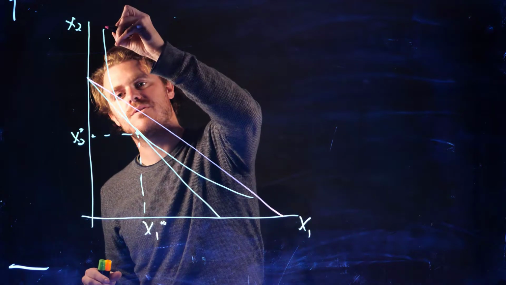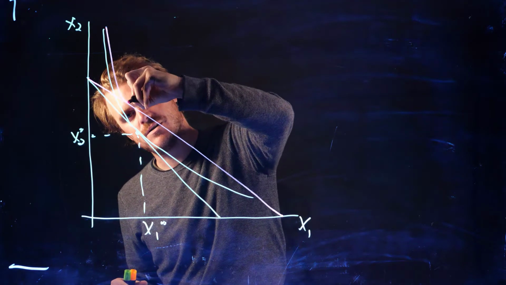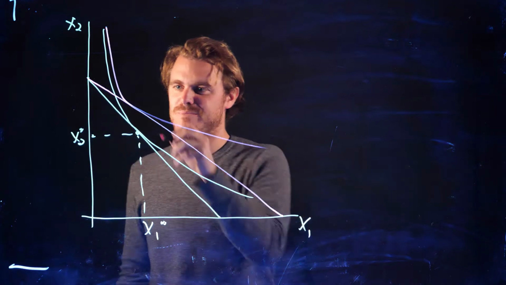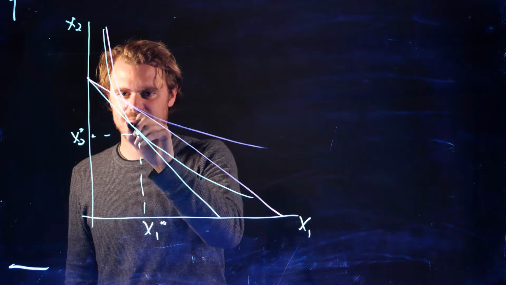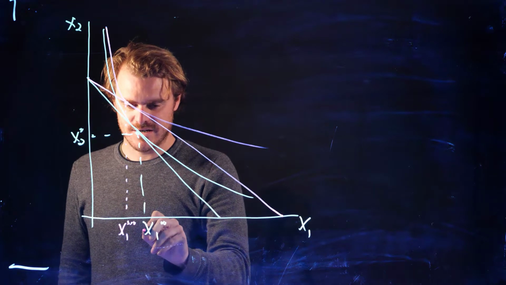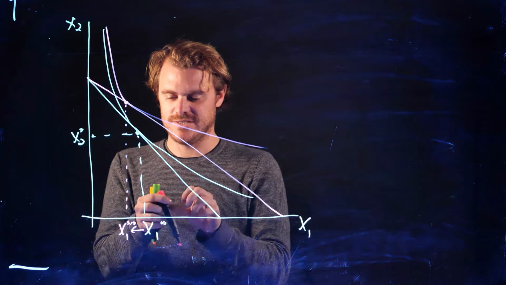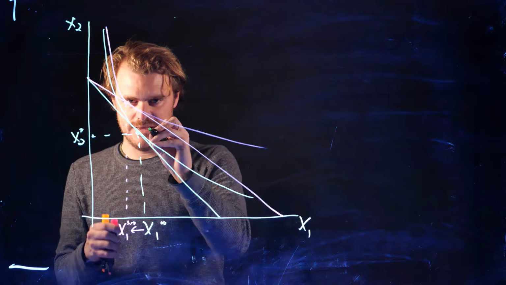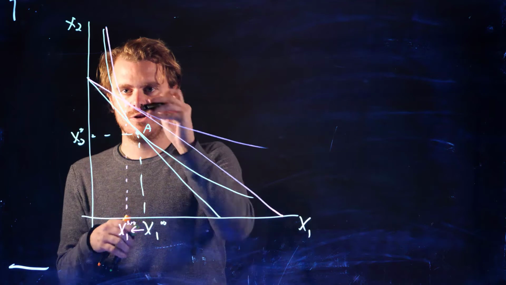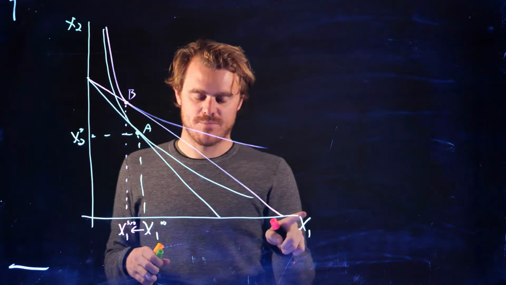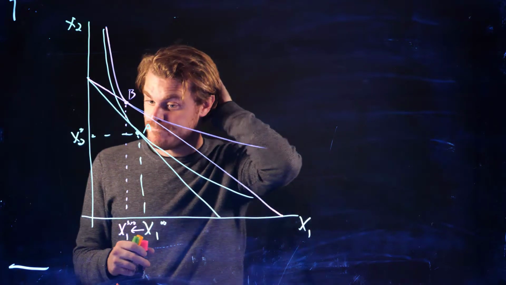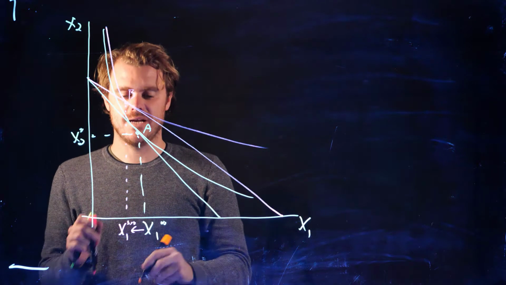Well, what's happening with a Giffen good, to draw kind of a weird shape of my indifference curve, is that x1** is to the left. And so basically your point, I think we've been labeling this point A and point B, your point B from a price decrease is going to be to the left of point A. So this is like a Giffen good.